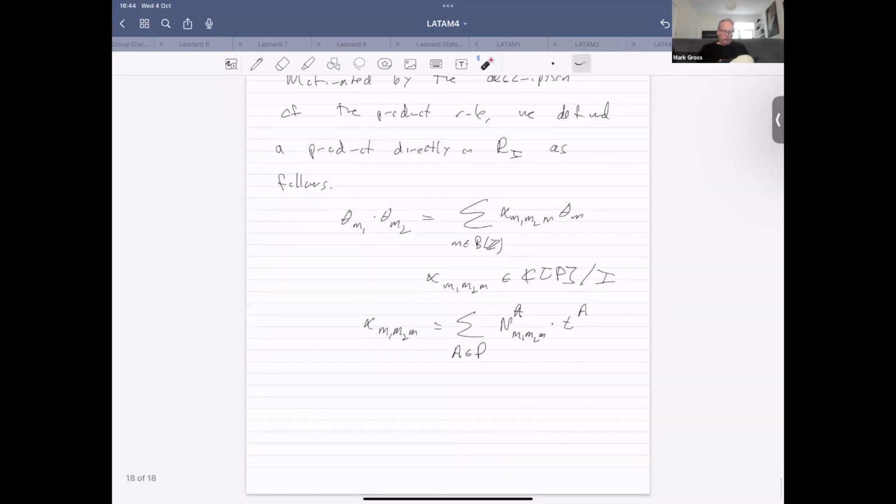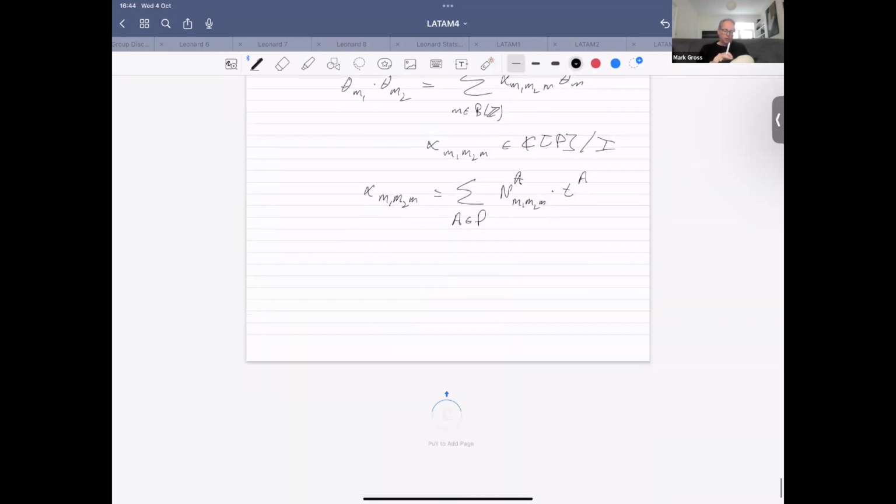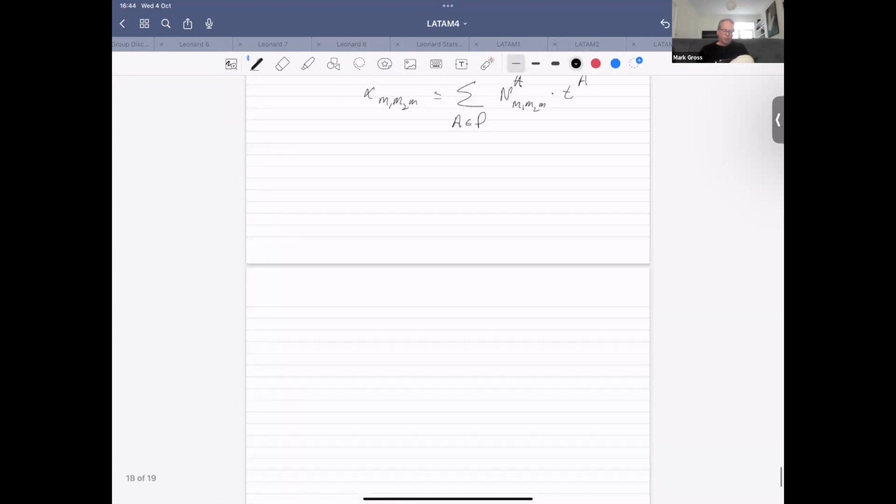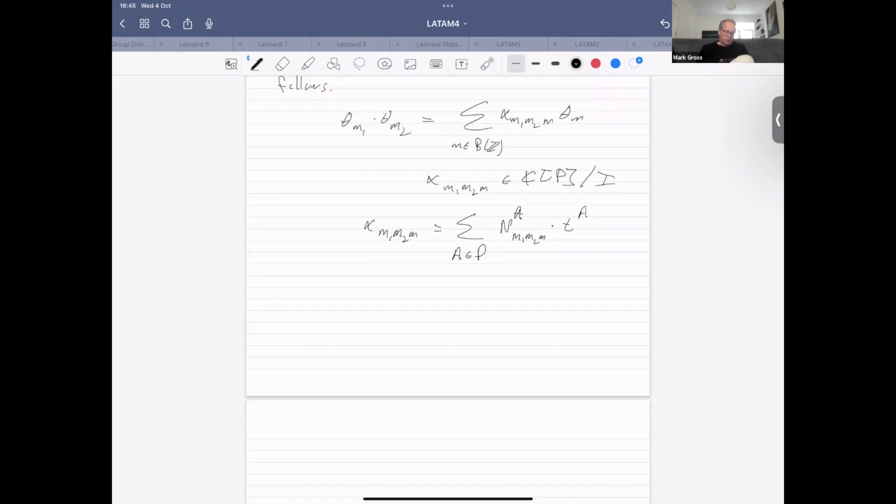So now my goal is just to define these coefficients, and if I define these coefficients in some clever way, I'll have a product. So we define N A m1 m2 m as a Gross-Siebert count.